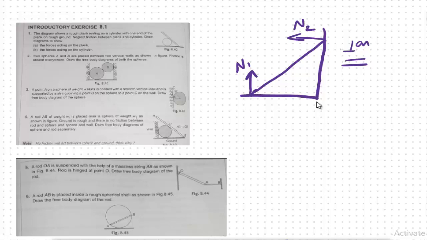So for the same case, I am considering a rigid support here, and more than one pulley. See here, object A is placed over here. Here another pulley, P1, I am representing.